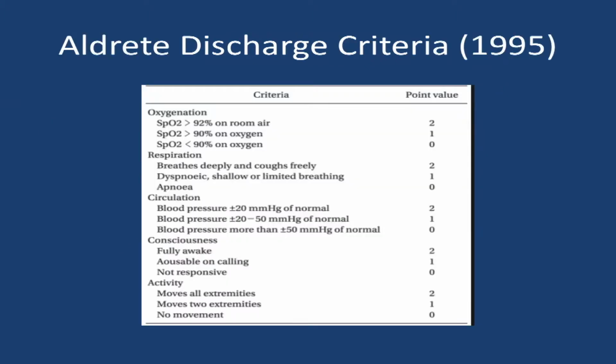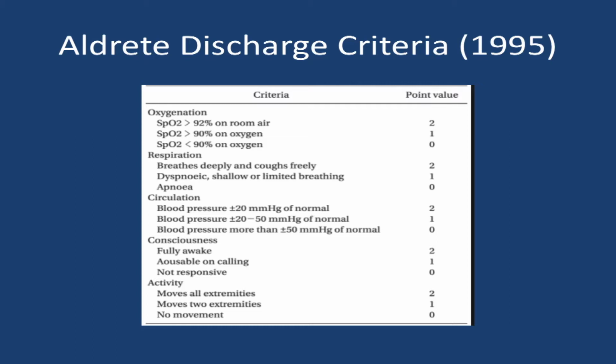Here's an example of the Aldrete discharge criteria done in 1995. For oxygenation, the SpO2, which is the saturation of oxygen determined by our pulse oximeters, if they're greater than 92% on room air, they're no longer getting oxygen supplement, then this tells us that the patient's recovering better on room air, and they receive a 2.